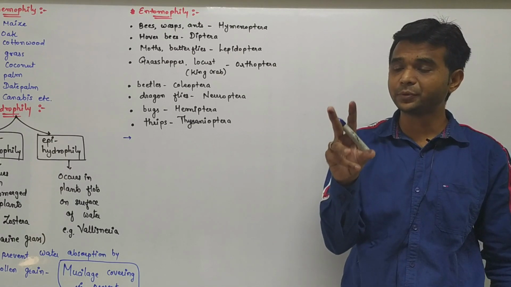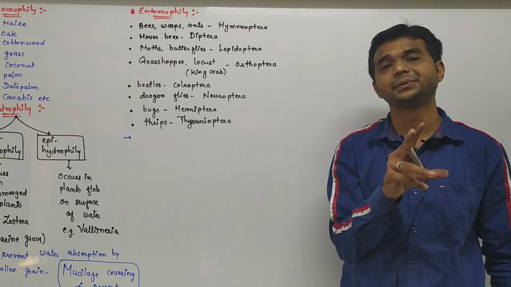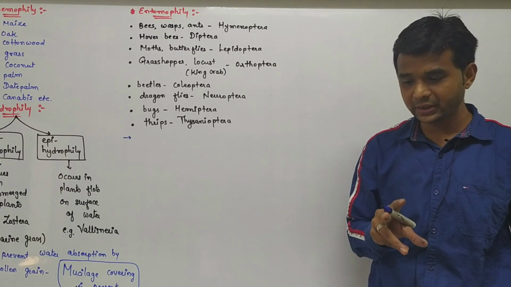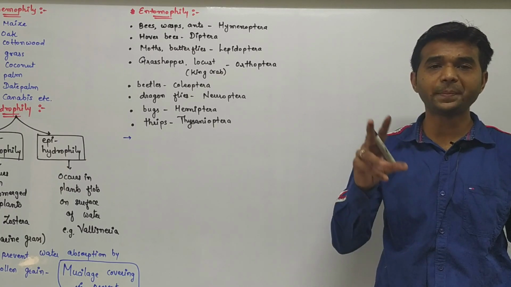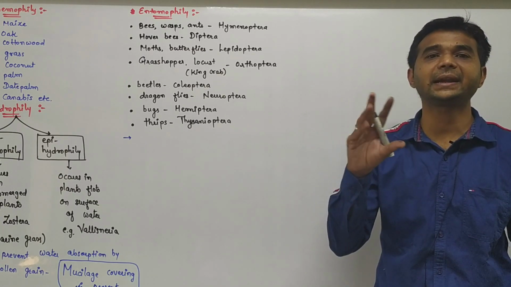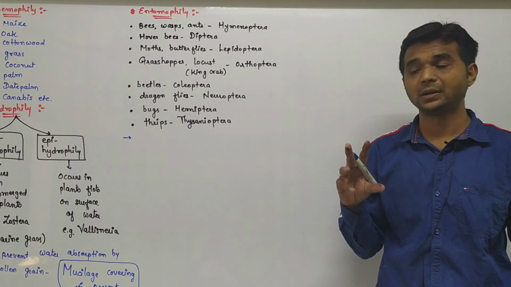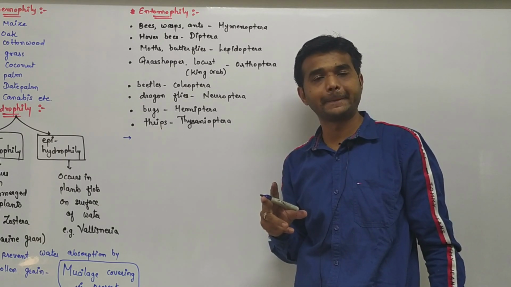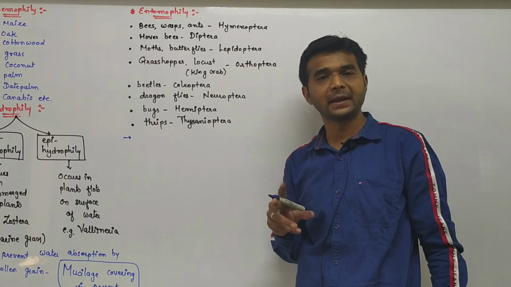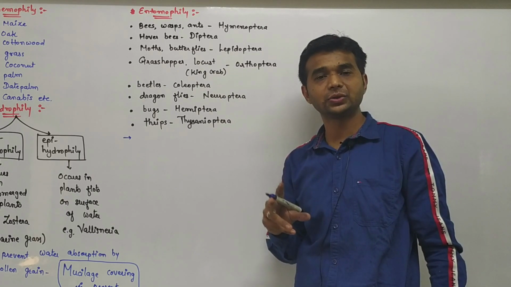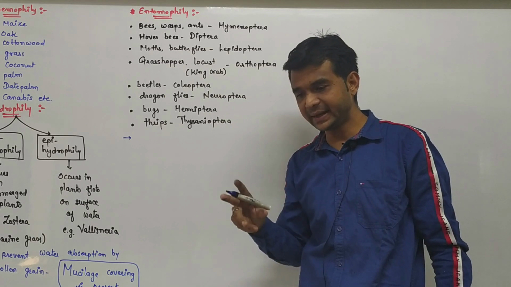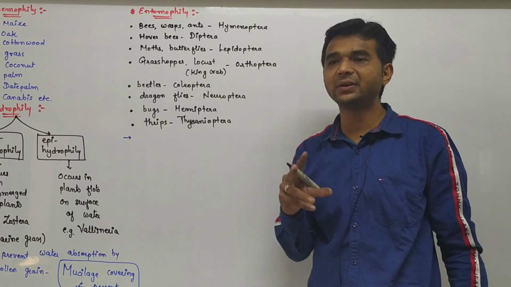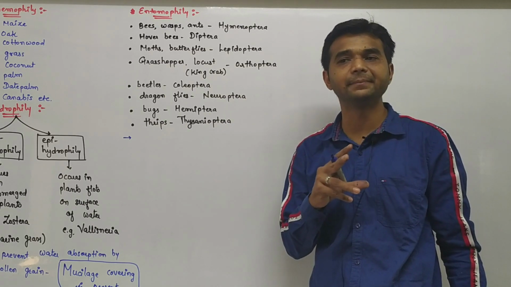Some flowers produce nectar, so to obtain this nectar, insects are attracted towards it. And some flowers consist of edible pollen grains, so the insect comes in contact with this flower to eat the pollen grain.